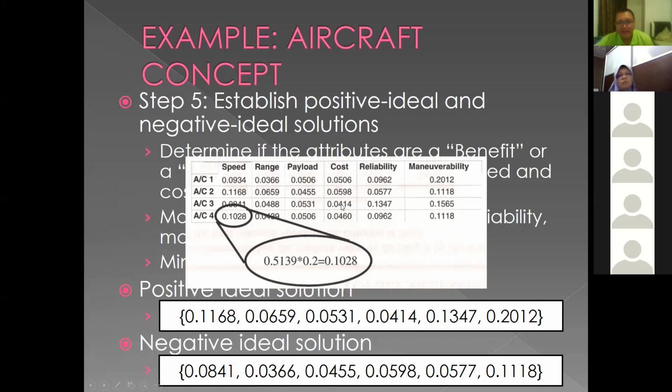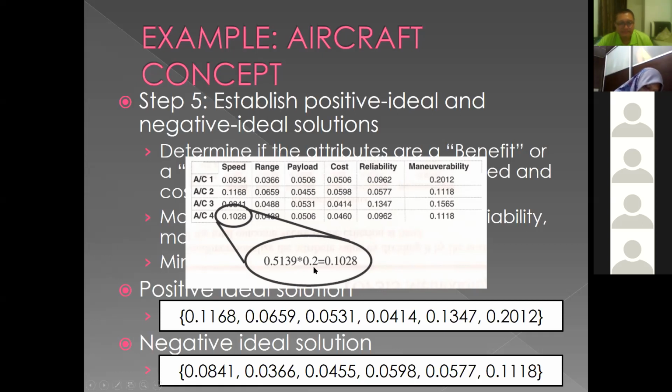We pick the lowest value because the lowest value represents a positive thing for us, because it is cheaper. Then for reliability, it seems to go to the fuel consumption and the weight of the aircraft, yes, perhaps. Okay, that's correct. And then for reliability and maneuverability, we pick the highest value because this is the thing that we want to maximize.